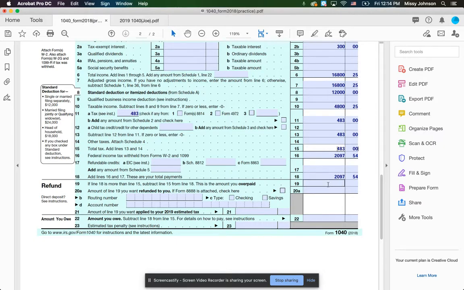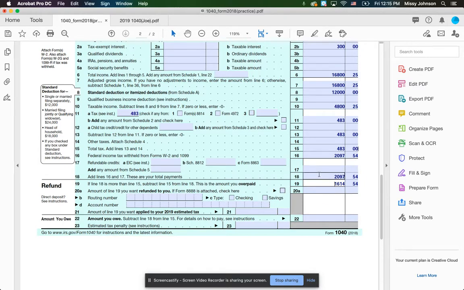So you have to subtract 483 from 2,097. Essentially what happened is this person would get a refund of $1,614.54.